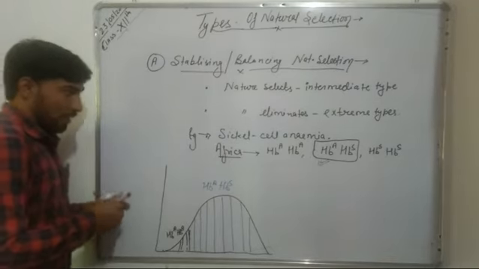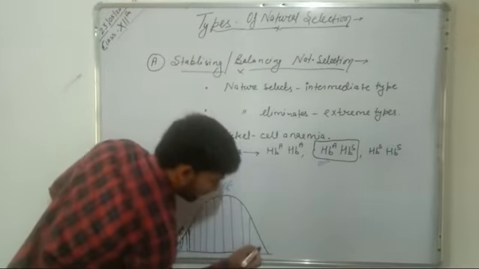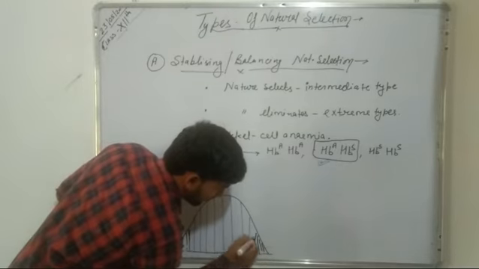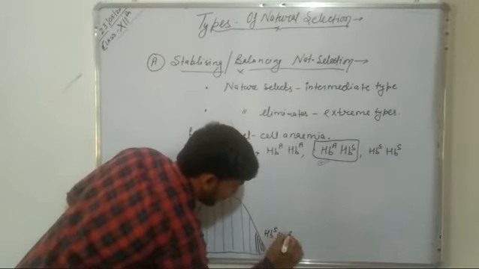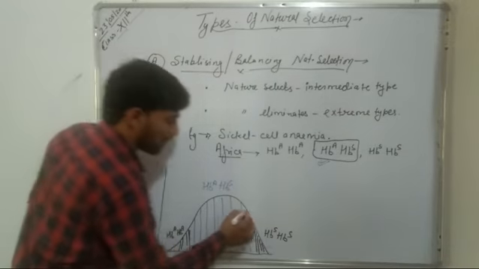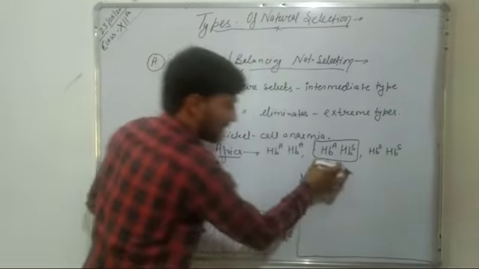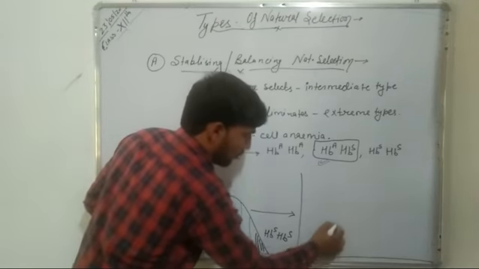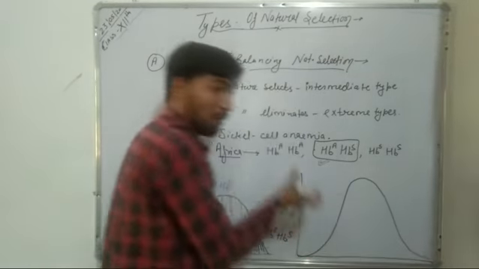The organisms that are HbS and HbS will be least in number, as they are the extreme condition. What happens after some time? Nature selects the intermediate condition, so the graph steeply rises upward.